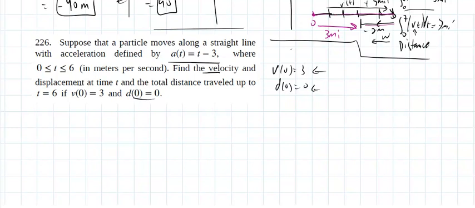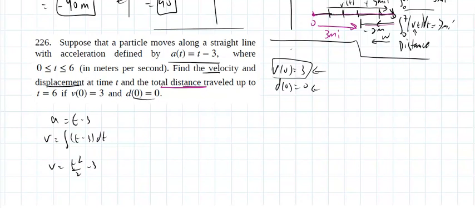Well, if the acceleration happened to be t minus 3, now what do they want us to find? They want us to find displacement. Then they want us to find distance. Well, displacement is simply the integral of the velocity. If acceleration is t minus 3, then the velocity is the integral of that with respect to t. So the velocity is t squared divided by 2 minus 3t plus the initial velocity.